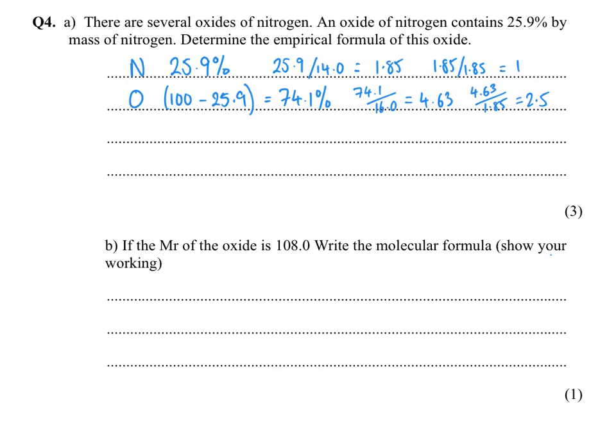And you end up with a 1 to 2.5 ratio. Well, we can't have fractions in an empirical formula, so to turn them into whole numbers, we're going to multiply them both by 2. And that ends up with the formula N2O5. And that is our empirical formula.